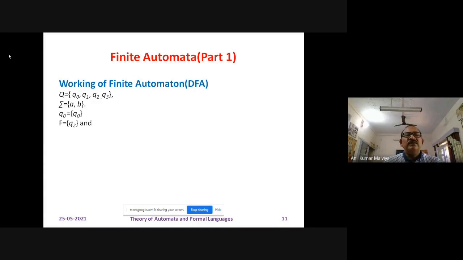F is the final state set: Q2 is a final state. And these are the transition rules. Delta Q0 A is Q1. What does it mean? If the machine is in state Q0 and reads A, then it moves to state Q1. So these are the transition functions.